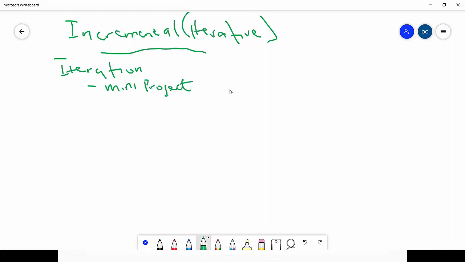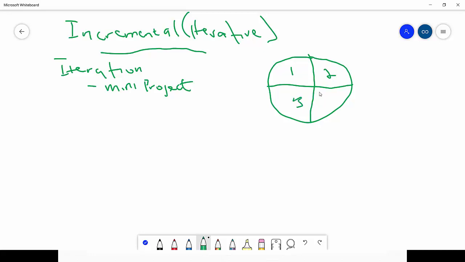So it means you have one whole project that's your goal, right? In this one whole project, you now divide that project into mini projects. So we have divided this one project into like 4 mini projects. Okay, and in these 4 mini projects, we will do complete requirements in the mini project. We will do design.